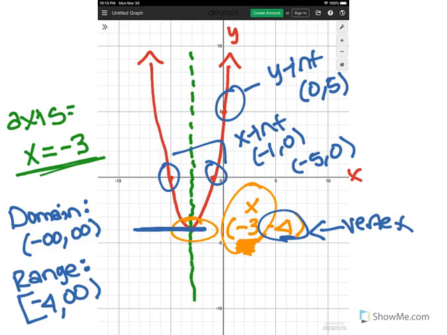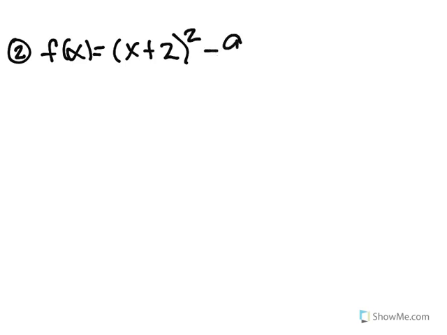Example 2. f of x equals (x + 2) squared minus 9. So again, I need to know that vertex. I need to know my center point.